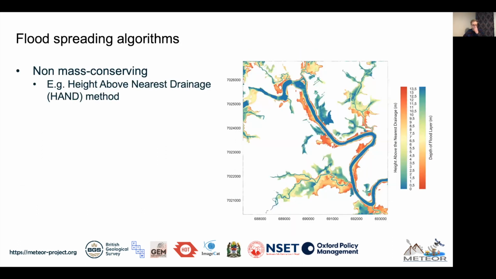The other approach that is commonly applied is a GIS approach, which is to say that the physics are not represented. It is simply an elevation-based approach, and possibly the most well-known of these is called HAND, or height above nearest drainage, which basically just takes a water level off a river and then tries to spread it using some simple rules onto the floodplain around it.